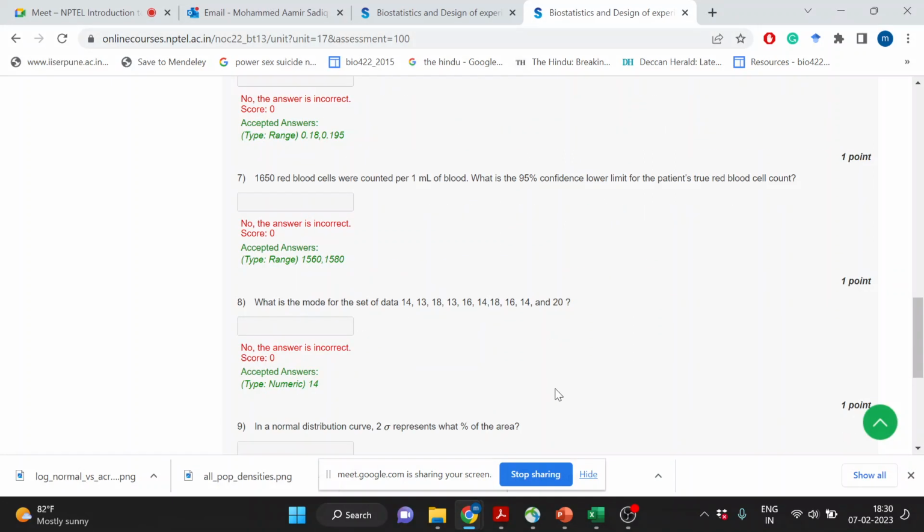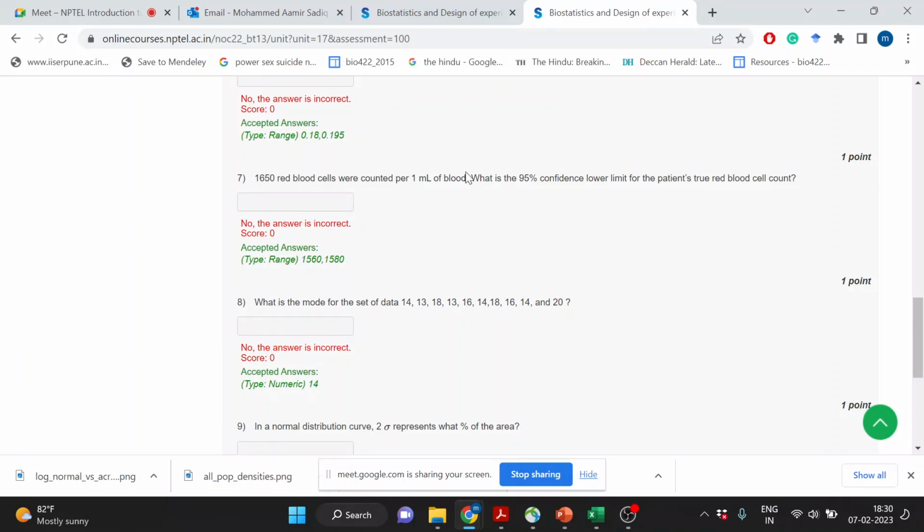Okay. The next question is, given that you count 1650 red blood cells per 1 ml of blood, what is the 95% lower limit for the patient's true blood cell count? So here you have to use the Poisson. Why? Because you're assuming counts, right? Counts have a Poisson distribution.